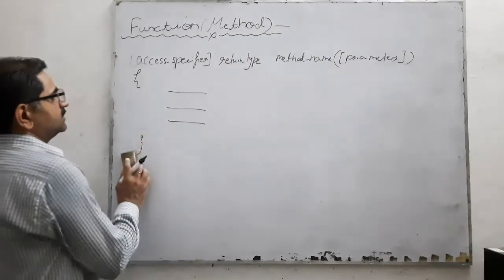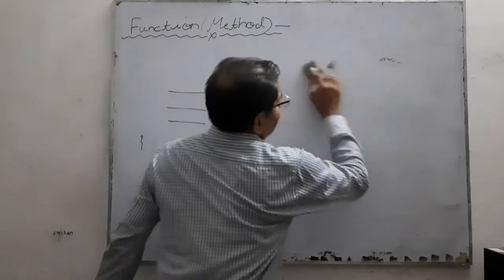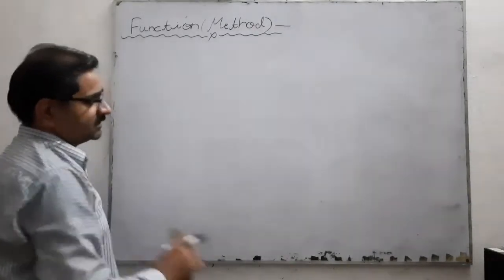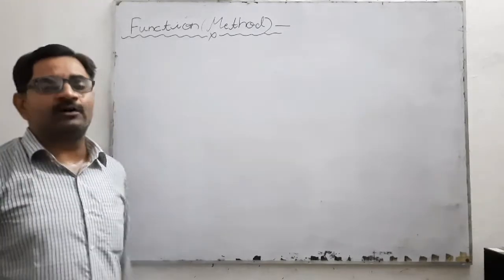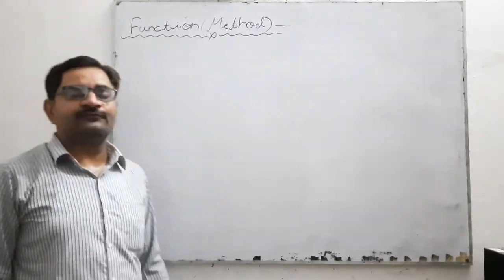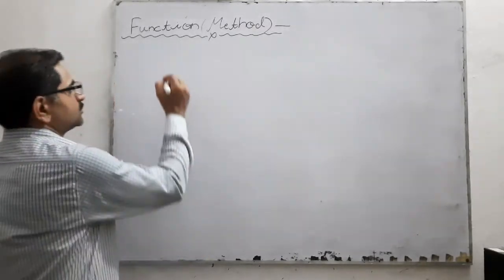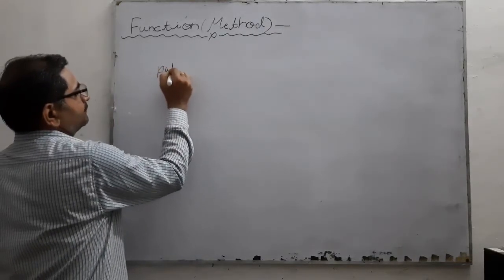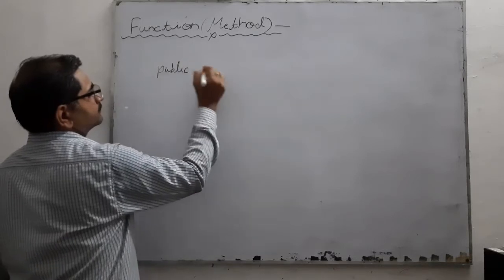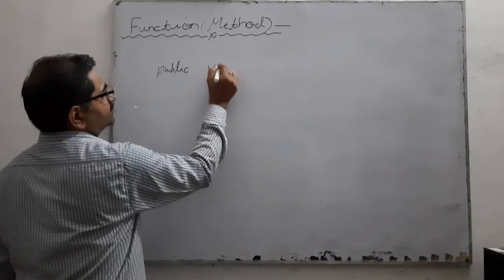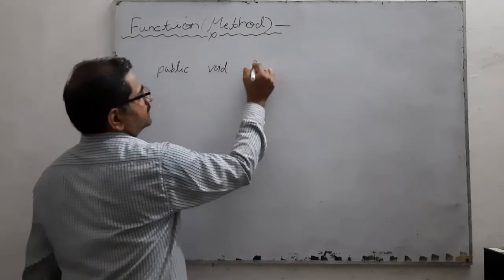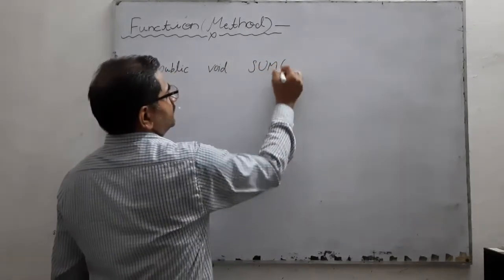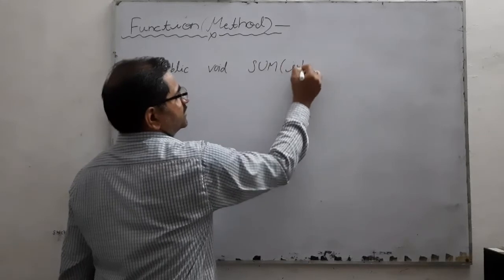Now we take a simple example. Suppose you have to perform the addition of two values. So here we take public void sum, where sum is the method name, and we have to perform the addition of two values.